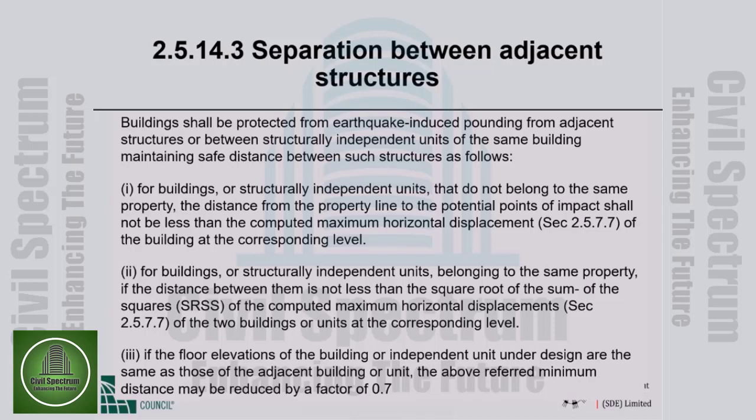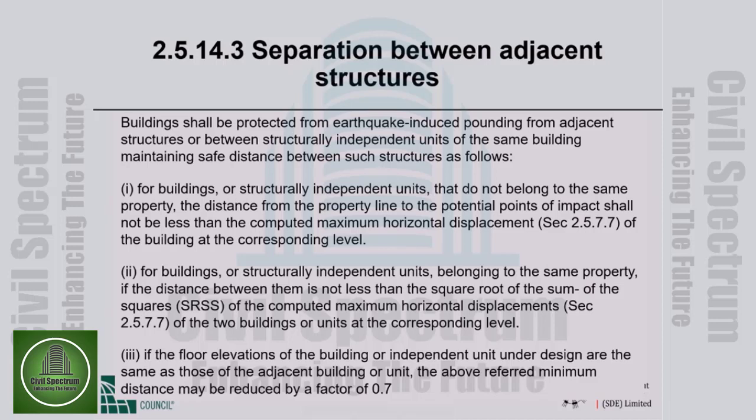This is not the best written, but basically the deflection should not have the building touch the property line. The building on this side of the property line can deflect up to the property line. The building on the other side can deflect up to the property line, so that they barely meet but don't really touch each other. So the setback distance, as we call it, is equal to the computed deflections.